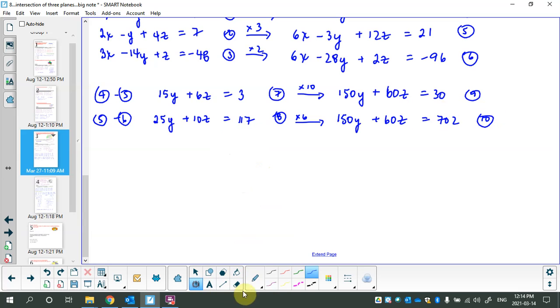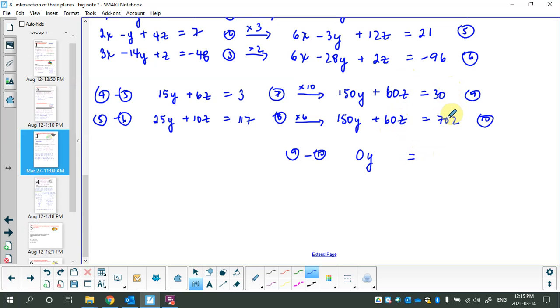So now, just like before, I can take number 9 and number 10, and I can subtract them and eliminate the z's. Now, I hope you see a problem here. 150 minus 150 is 0. I intended to do 60z minus 60z, so I'm not going to write that down and eliminate it.